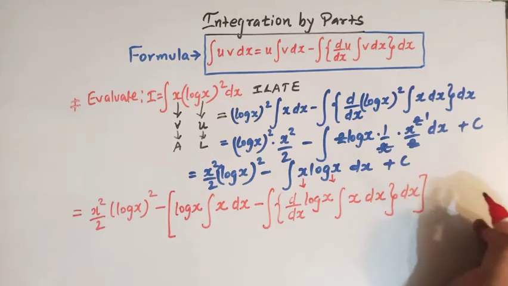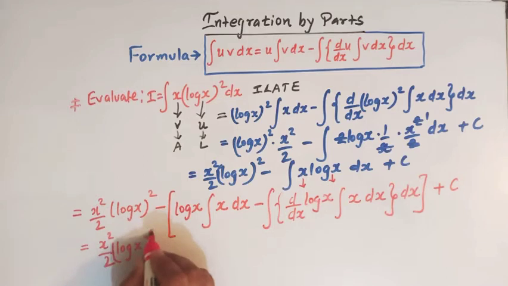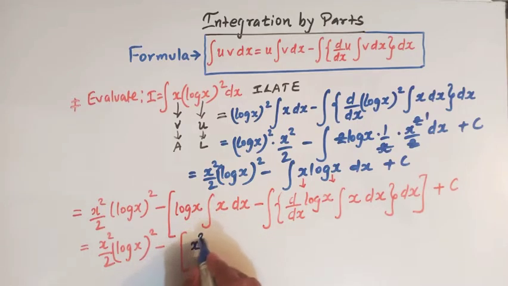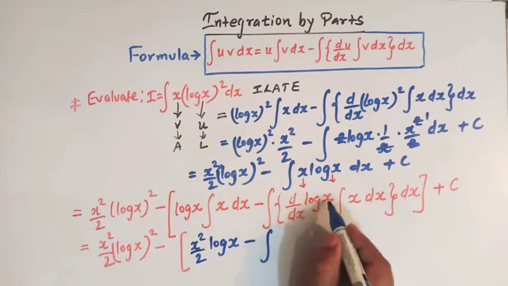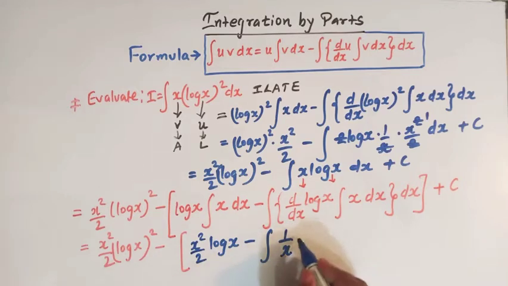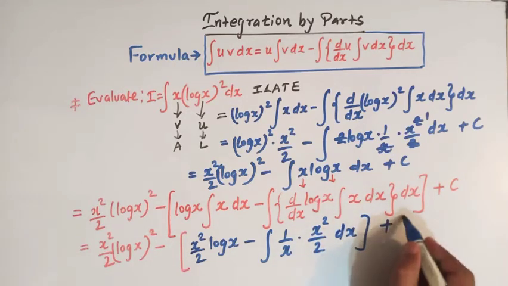And then we have plus c, right? Okay, so we have x square by 2, here we have log x square minus, and here we have x square by 2, so we can write it as x square by 2 log x, then we have minus integral, then the derivative of log x is 1 upon x, then we have x square by 2 here, and dx, and then we have plus c.